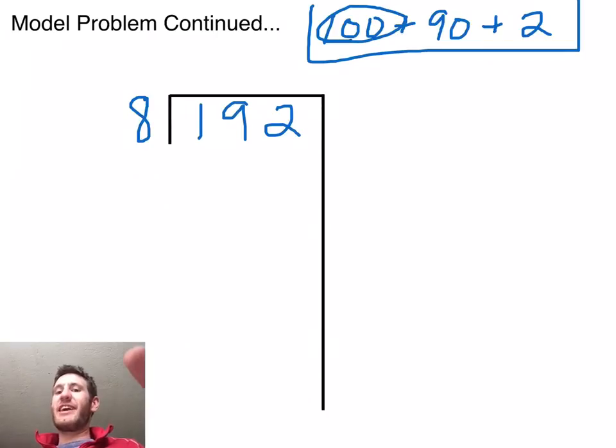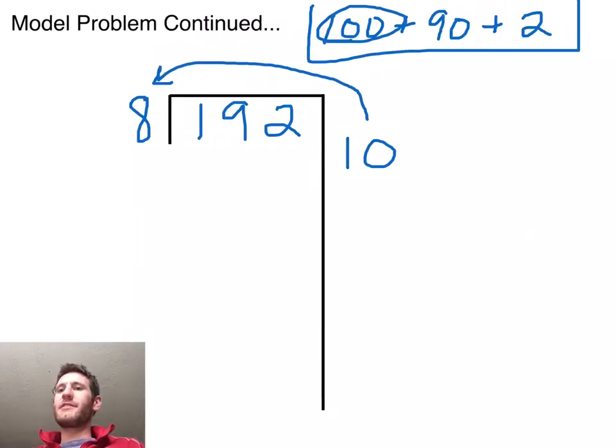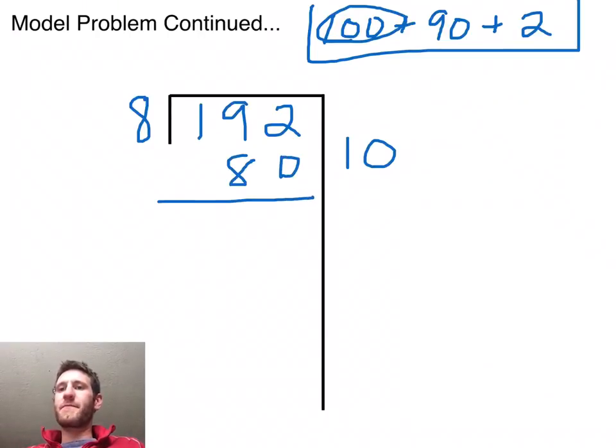So I know there's at least 10 groups of 8 in 100. I'll put a 10 as my first partial quotient. I'm going to multiply 10 times 8, and I'm going to write 80 right here.